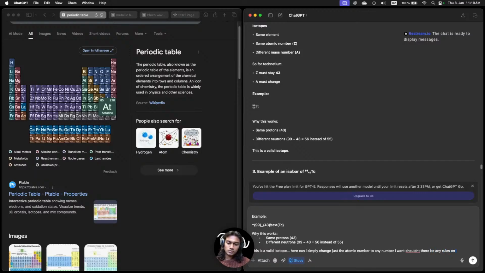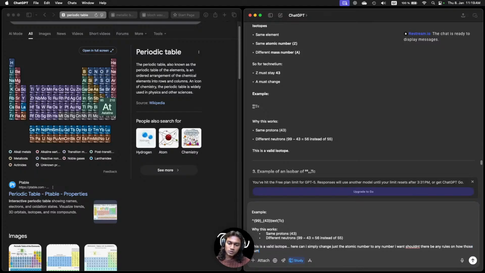Rules on how those numbers could be changed.